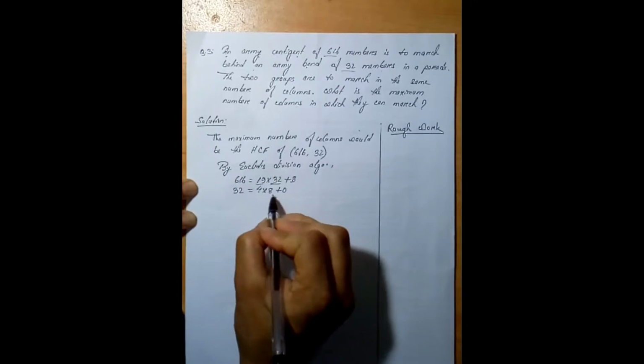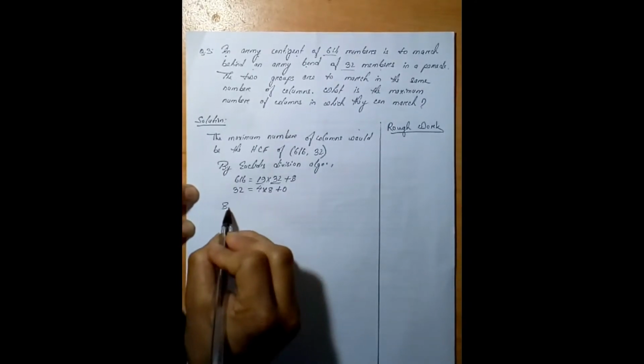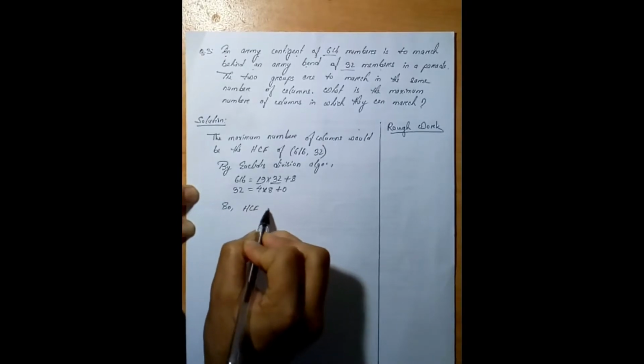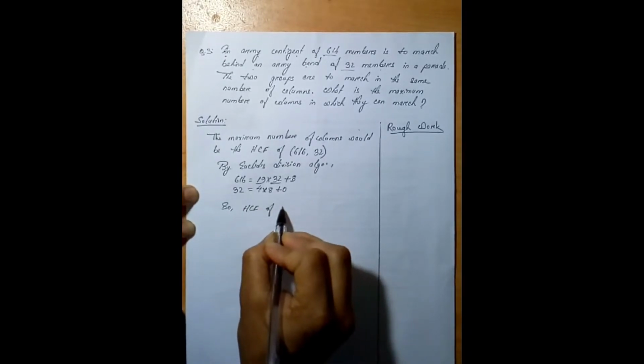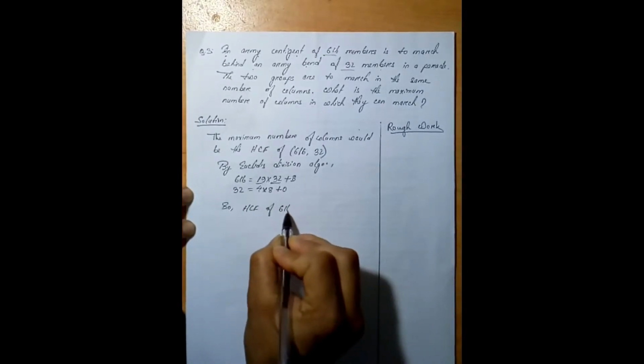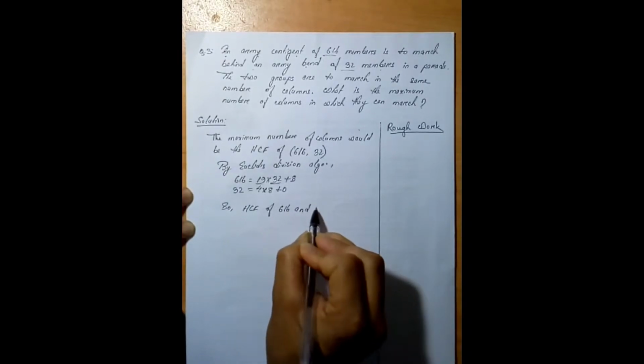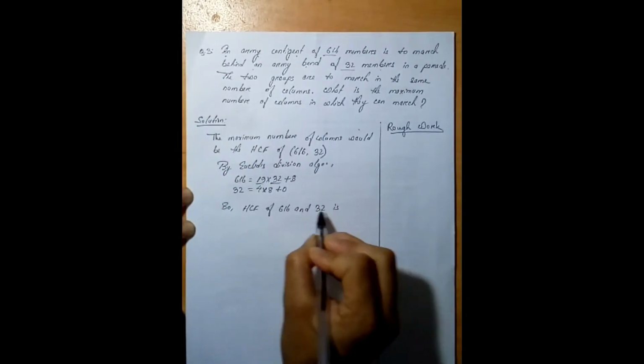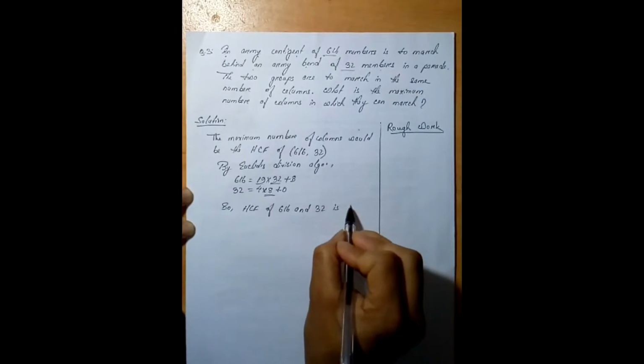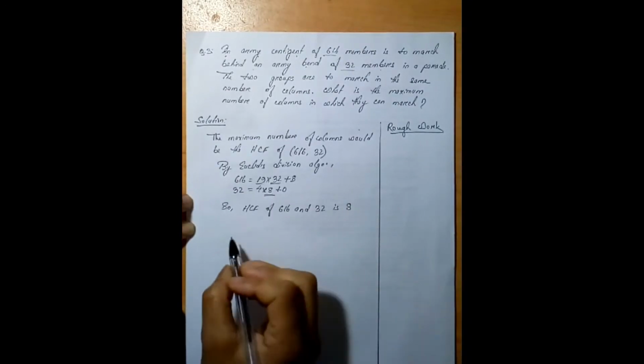So here we get a 0 remainder, so we will stop here itself. So the HCF of 616 and 32 is, what we get is 8.